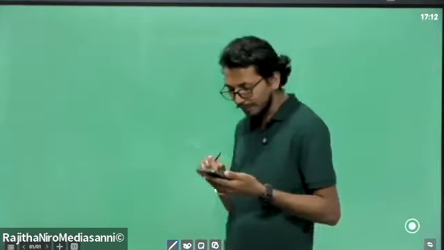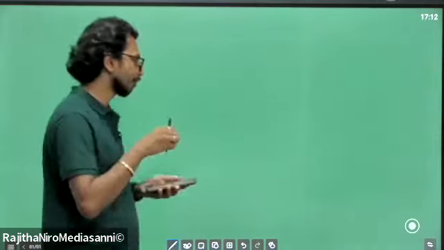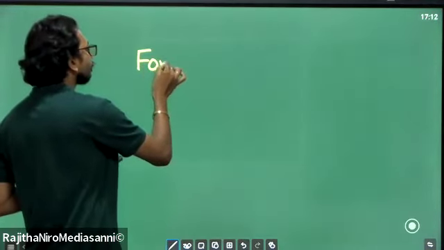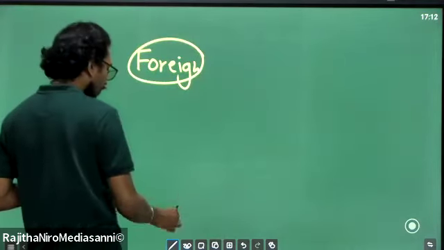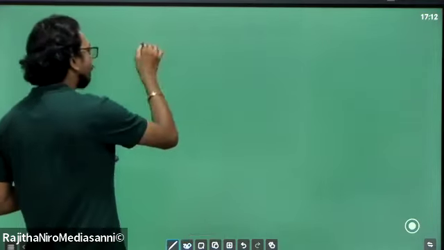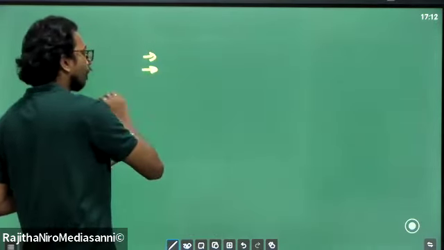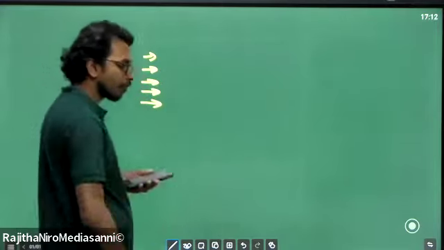Okay. And after that, the links that need to be developed with foreign embassies. Recently I told you, embassies are there, ambassadors are there, ministries, ministers, parliament are there.